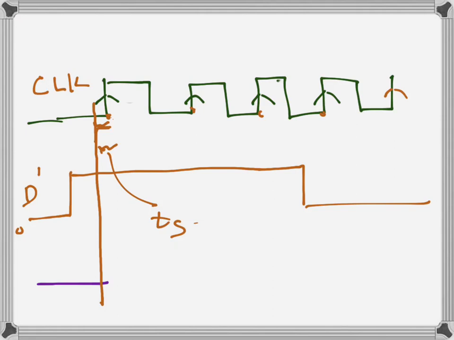That's the clock edge, and up to here we have TS, the setup time. If we have a different signal which changes during the setup time, then the output becomes indeterminate. The input becomes invalid, and that's why it doesn't work. So very simply, this is what setup time is.